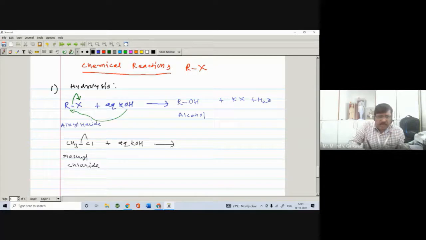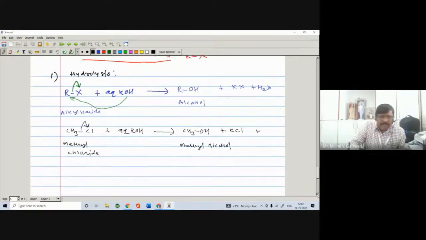The sigma bond opens on Cl negative, C positive. The negative part, OH, the nucleophile, attacks the CH3 positive. So you get CH3OH plus KCl, right? So this is the product, methyl alcohol.